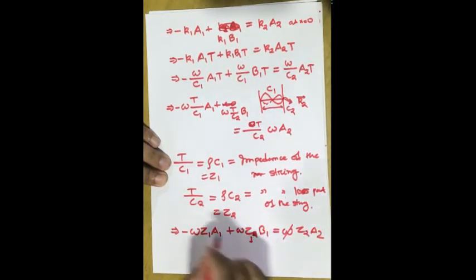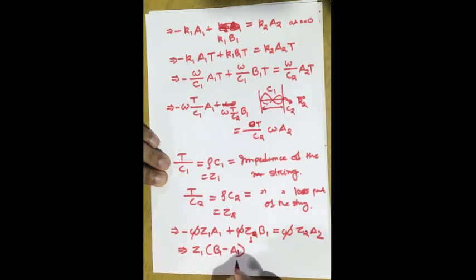Omega cancels out everywhere, so if we take Z1 common, B1 minus A1 will be equal to Z2 A2.